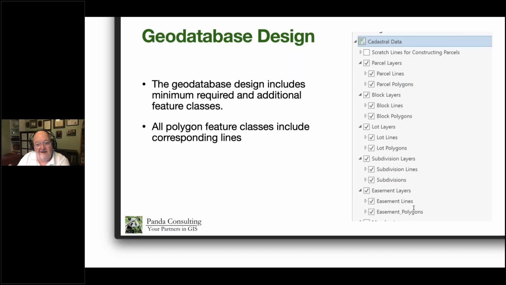It is not for producing a map, it's for creating a digital library of information about the land that we're assessing. So overall, my suggestion is that for every single layer type, we have a polygon and a line feature class. Not talking about whether this is in the parcel fabric or just in a geodatabase, but it's a good practice to have separate line feature classes for each of these polygon types.